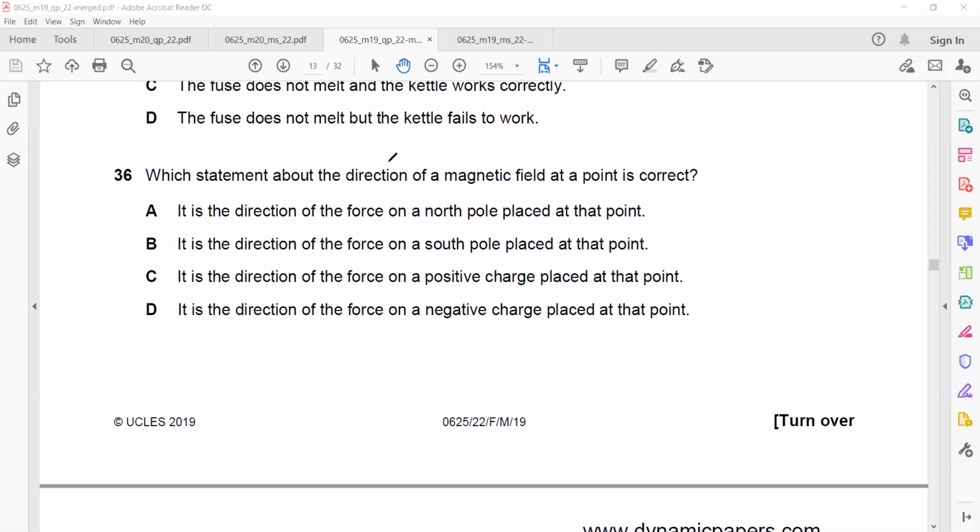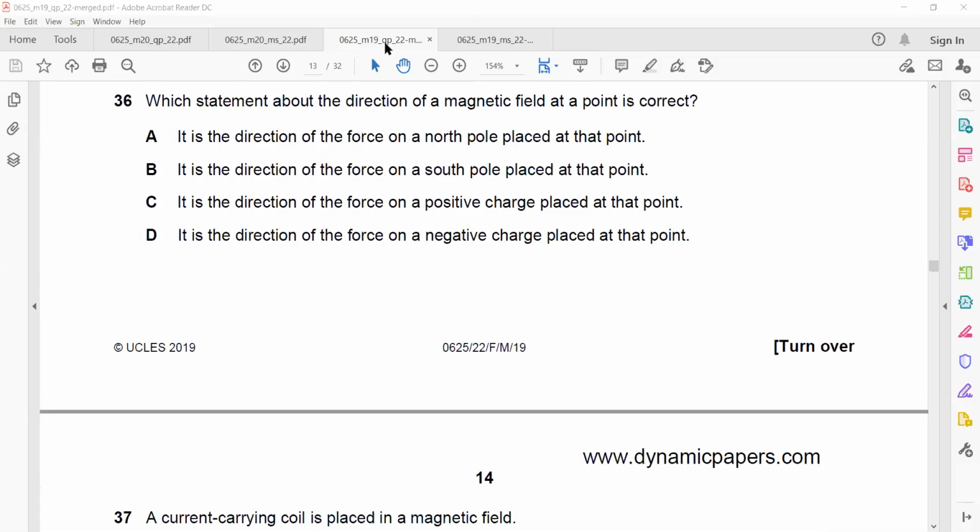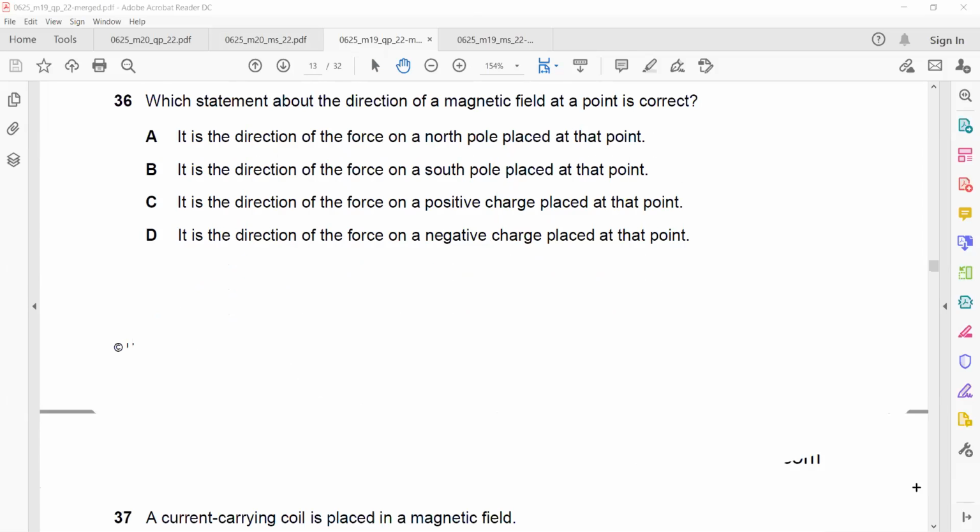For example, if you have a magnet, which has magnetic poles north and south, what is the direction of the magnetic field?